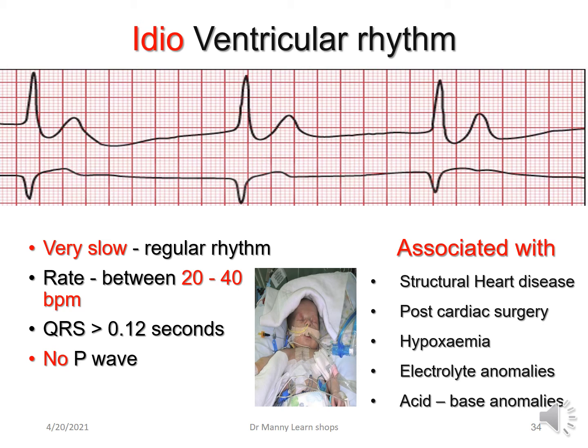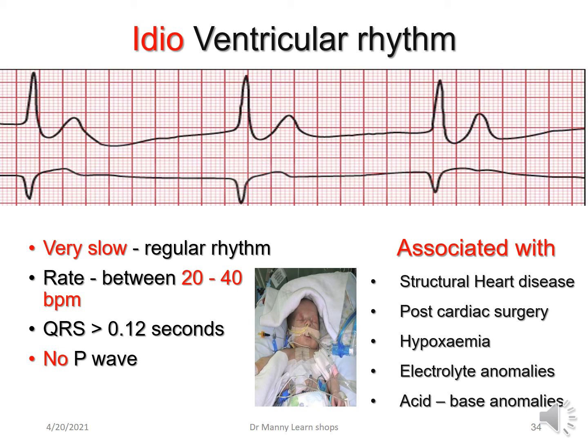We said if the SA node or the AV node fails, then maybe the third pacemaker may come in, which is related to the Purkinje system. But don't rely on it. It may not. It's very unreliable. It's not really pacemaker tissue. Pacemaker tissue in the heart is only SA node and AV node, not the Purkinje system.